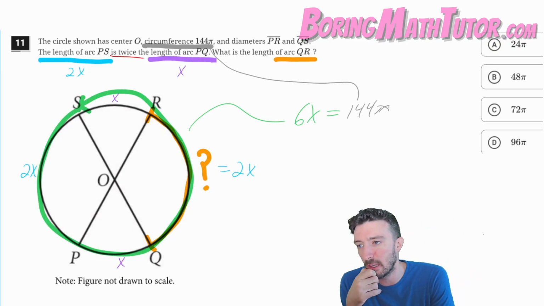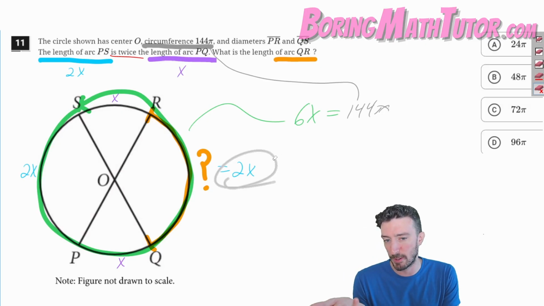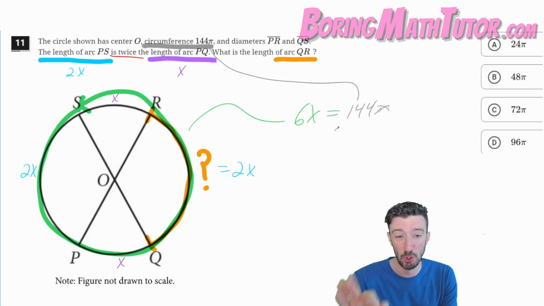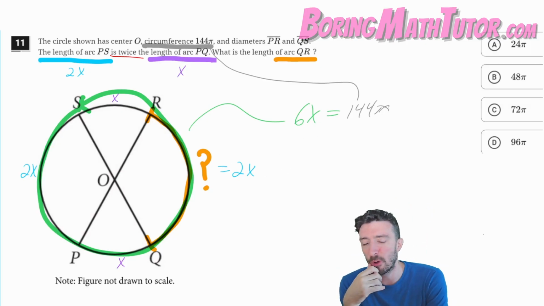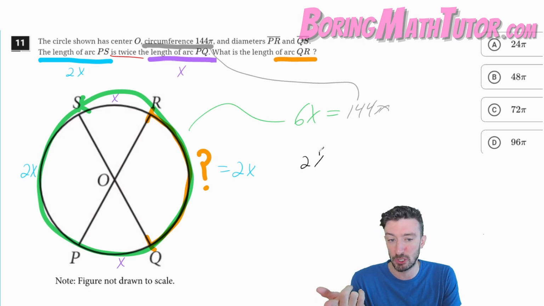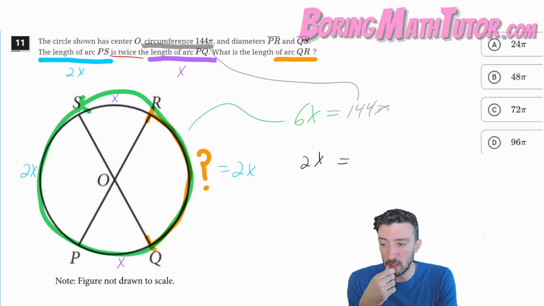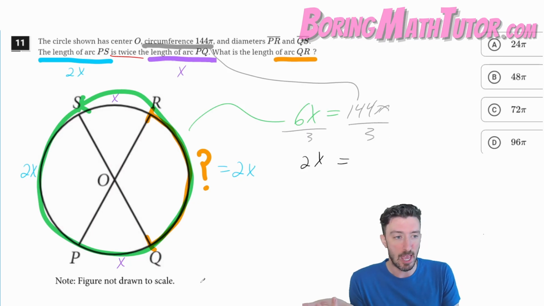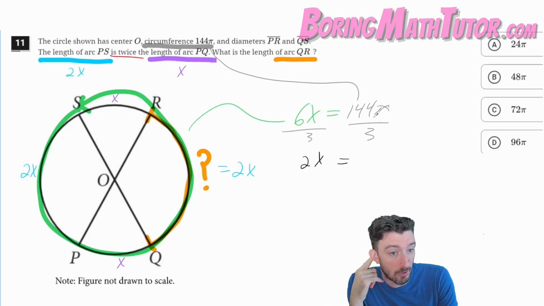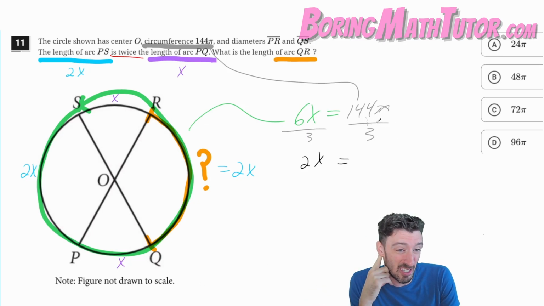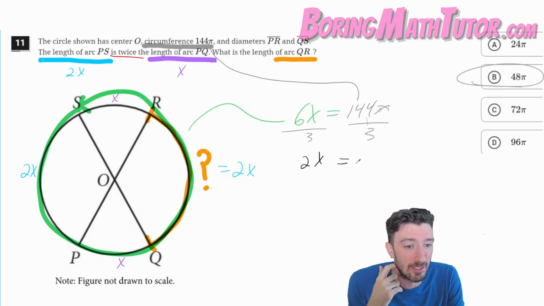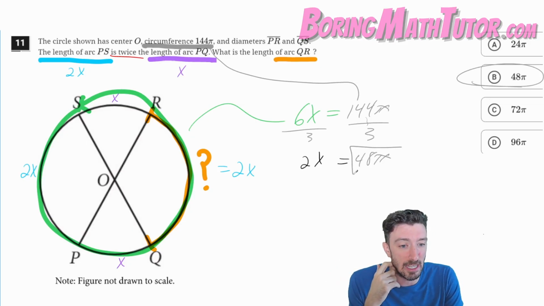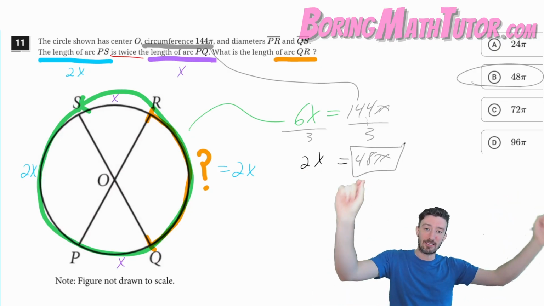So I'm looking for the 2x one. So if I want to get from 6x to 2x, well, I could just divide by 3. And if I do 144 divided by 3, that's going to be 48. So 48 pi is the answer.